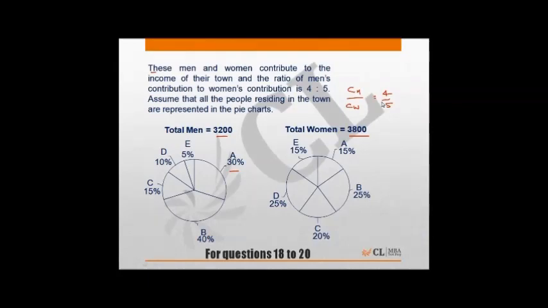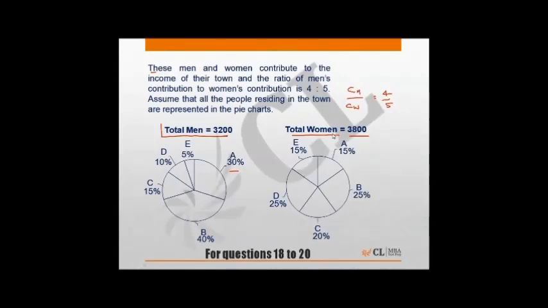So we have data of the total number of men and women, and the number of men and women in each age group, which we can find. Contribution we know only of the total population, or rather the ratio of contribution by all men and the ratio of contribution by all women is known. We don't know the contribution by each of the individual age groups.